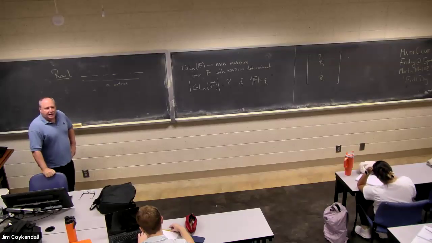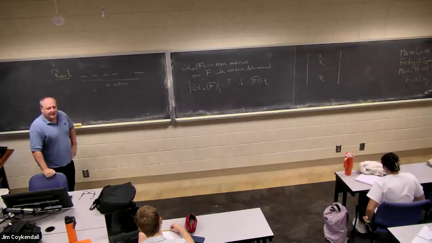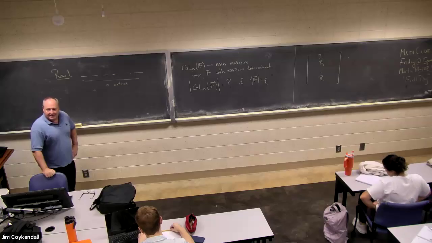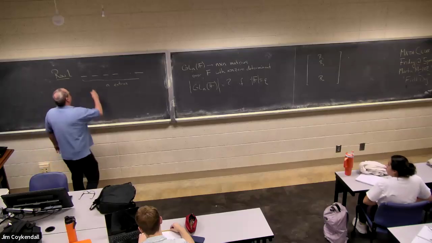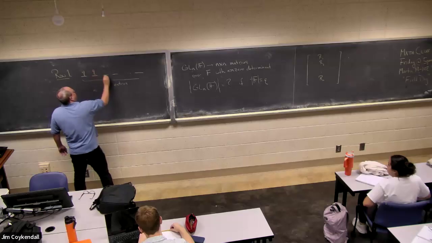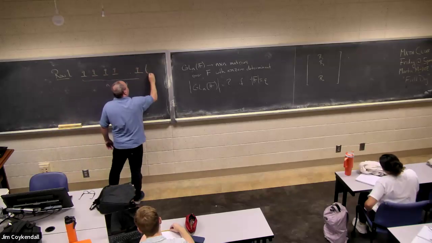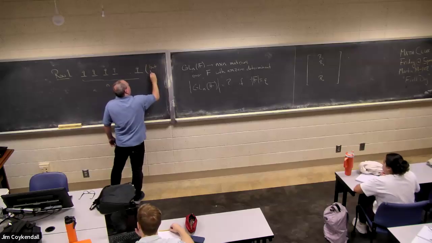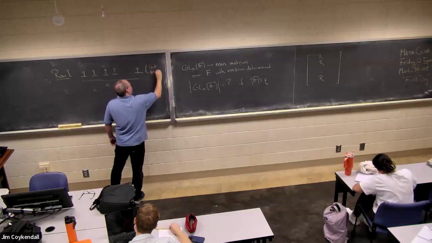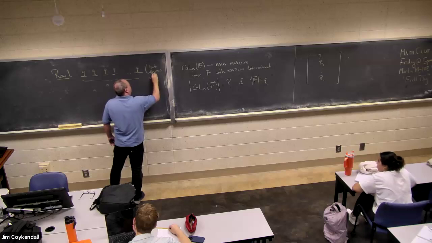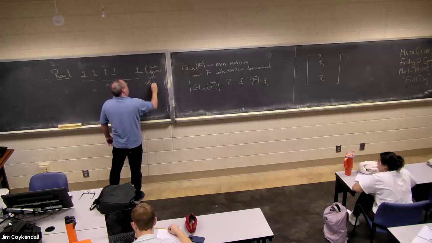But remember, we've got another condition. The determinant has to be non-zero. We'll throw out the all zero row.